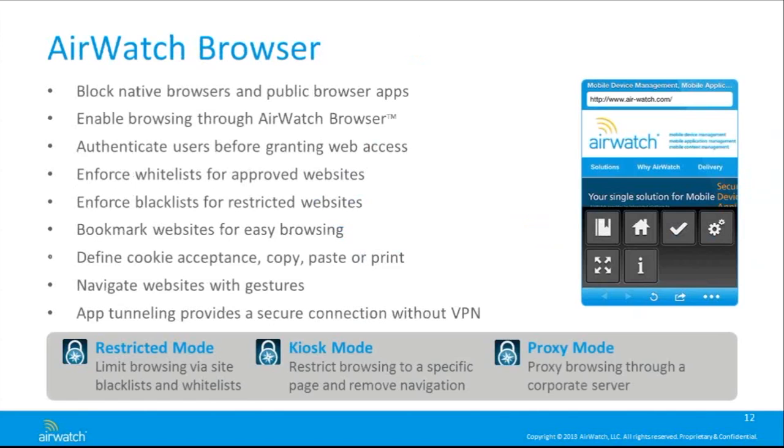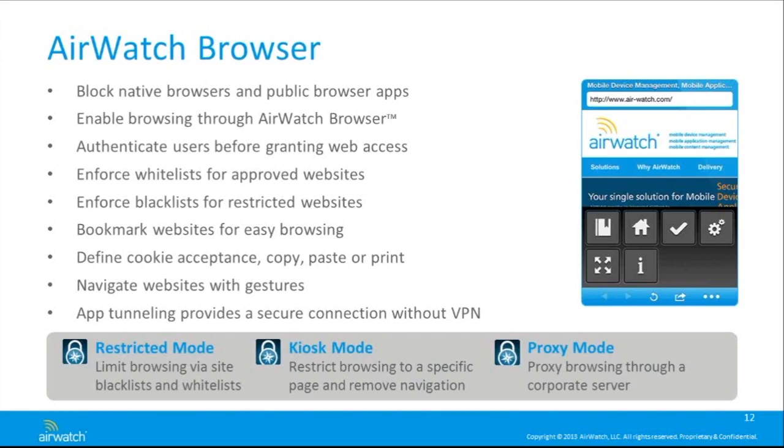I mentioned our browser, so you can utilize this for more granular control over what your end users are browsing on the internet. So a couple different modes you can run this in. The restricted mode, it's really kind of a whitelist, blacklisting. So you could whitelist, hey, these are the only URLs you're allowed to access, or vice versa. Maybe there's just a few you want to blacklist. We can also run this in a kiosk mode, so virtually locking it down to one URL.